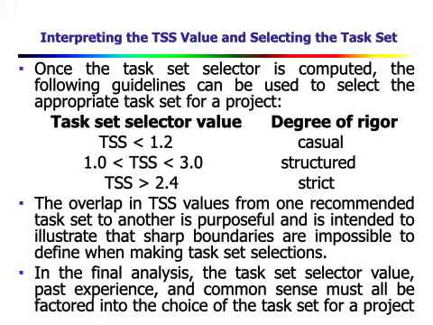Okay, and you can see there is overlap in TSS values from one recommended task set to another, and this is purposeful and is intended to illustrate that sharp boundaries are impossible to define when making task set selections. In the final analysis, the task set selector value, past experience, and common sense must all be factored into the choice of task set for a project.